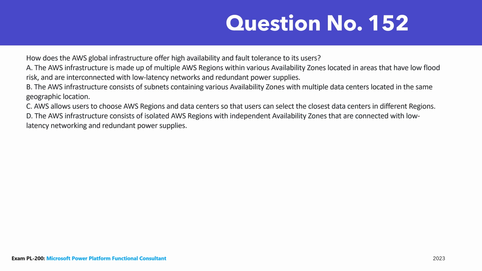C. AWS allows users to choose AWS regions and data centers so that users can select the closest data centers in different regions. D. The AWS infrastructure consists of isolated AWS regions with independent availability zones that are connected with low latency networking and redundant power supplies. Correct answer, D.